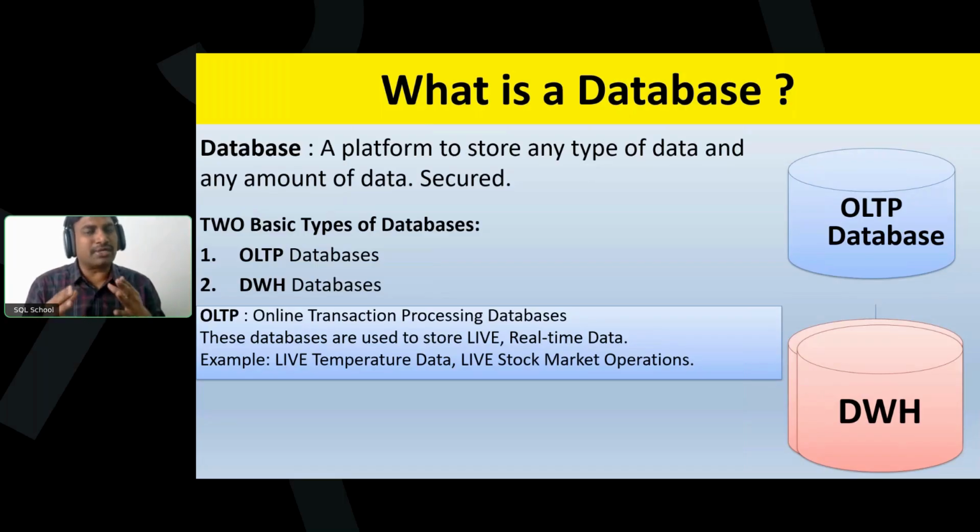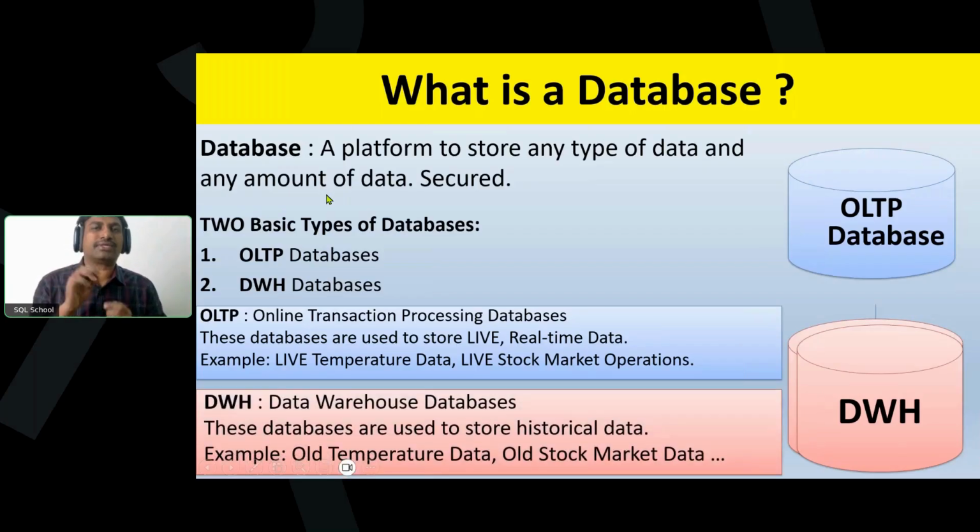To my knowledge, there are more than 10 types, including OLAP, network databases, hierarchical databases, etc. For now, a ground level classification: there are 2 types of databases. Number 1, OLTP. Number 2, data warehouse.